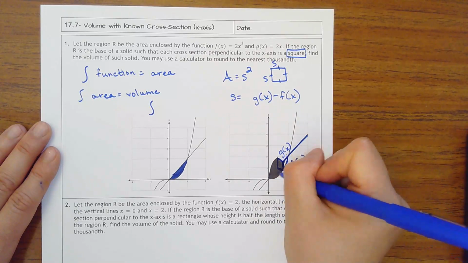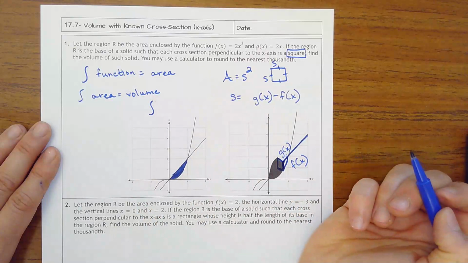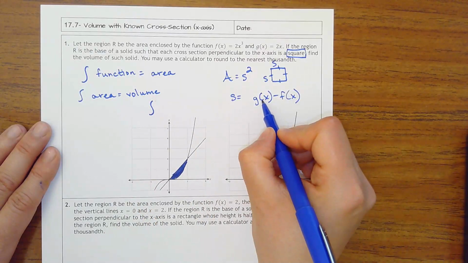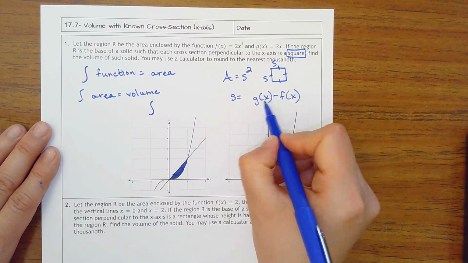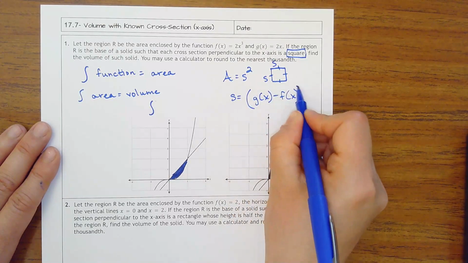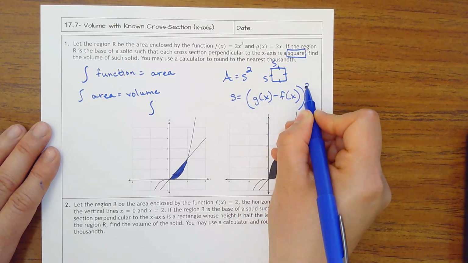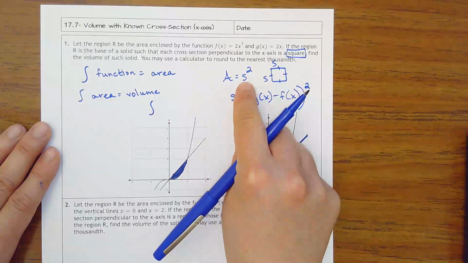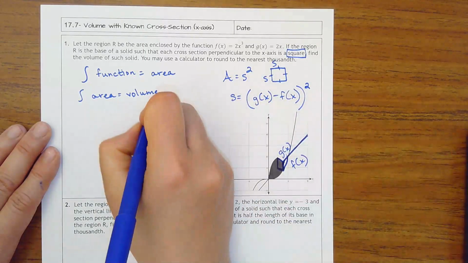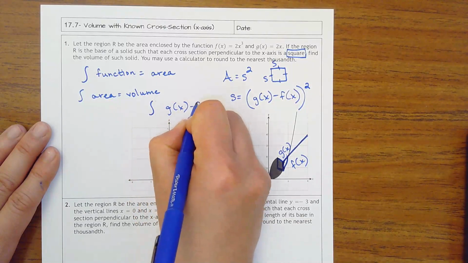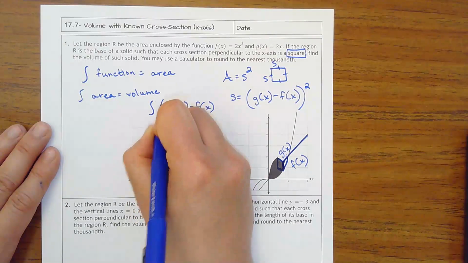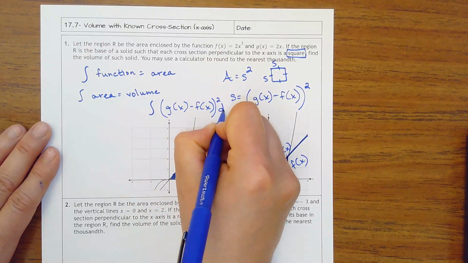But if I could find those, that'll give me my lower and upper bounds. And then I'm going to do the area of a square, which is the side times the side. So this is one side. Well, then I'm going to have to square that to make that be my area. So area of the square is going to be g of x minus f of x quantity squared dx.